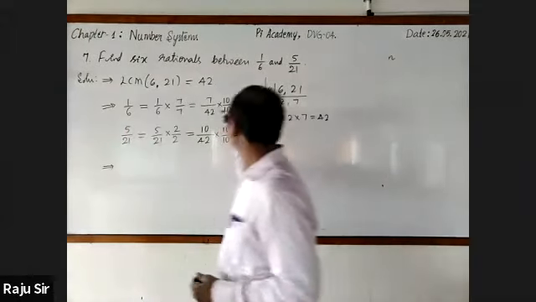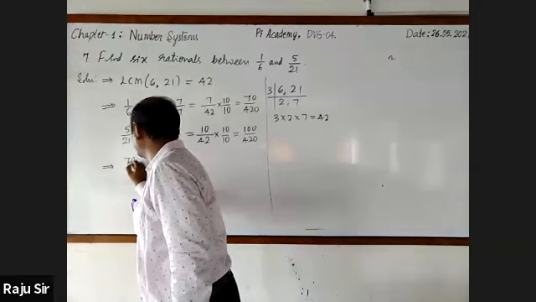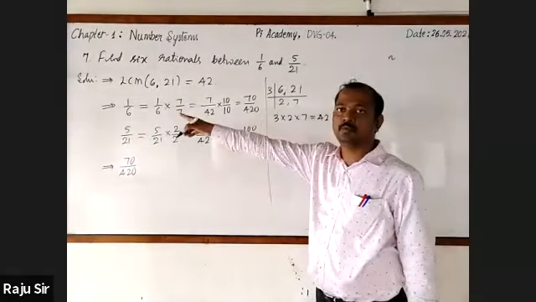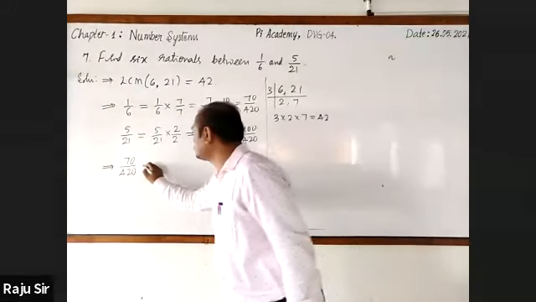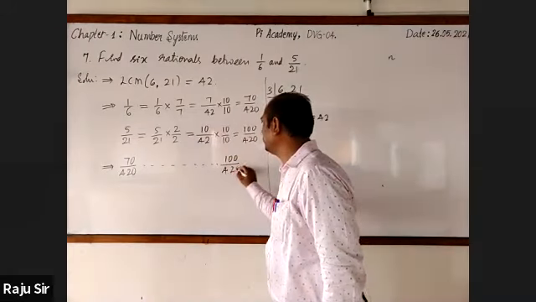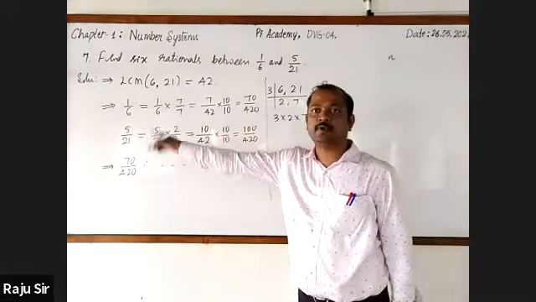Now, 70 by 420 is an equivalent fraction of 1 by 6. 100 by 420 is an equivalent fraction of 5 by 21.